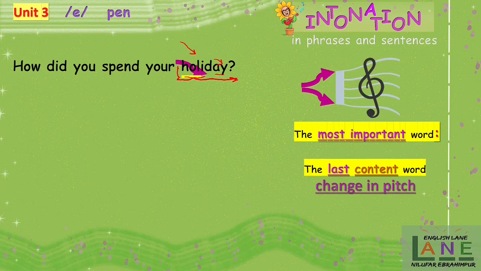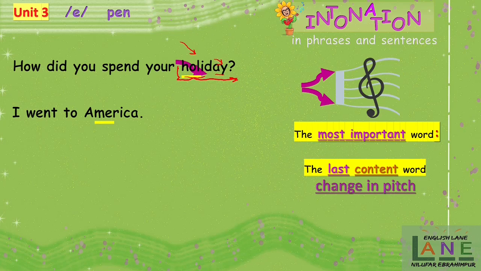Rising or falling? I went to America. Again, I went to America. I think falling. Do you agree with me? I went to America. What is the most important word? The last content word. This is a content word at the end of the sentence. That is right. The stressed syllable. Please tell me. America.